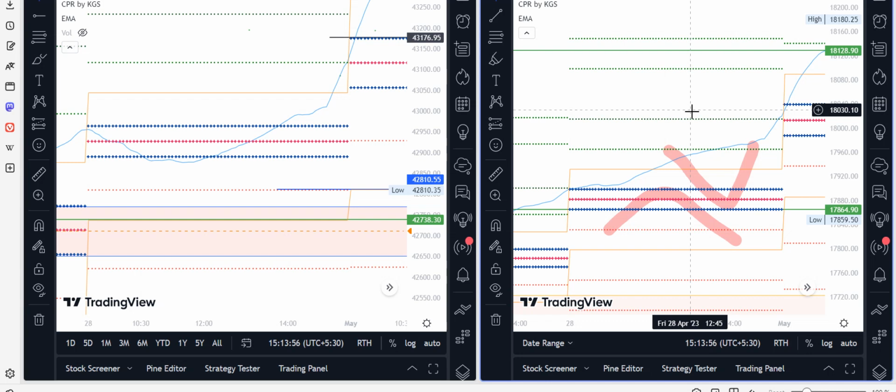Resistance is when the price goes to that level and is likely to reject from that point. Whenever the price comes to a location and gets support, it stays there and bounces in another direction. This is called support. You have to know this.